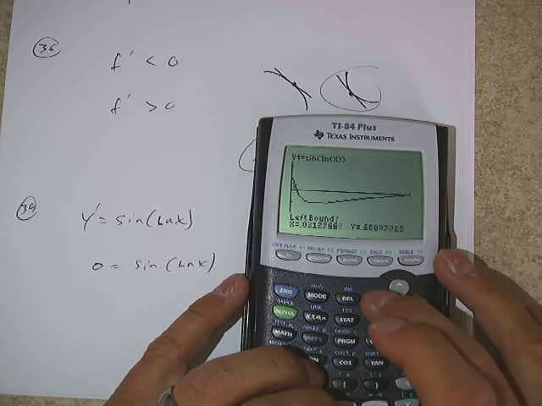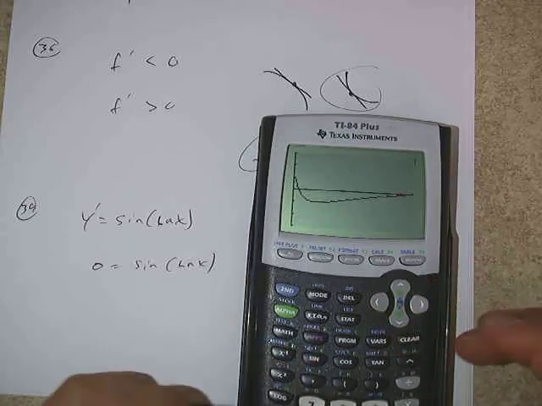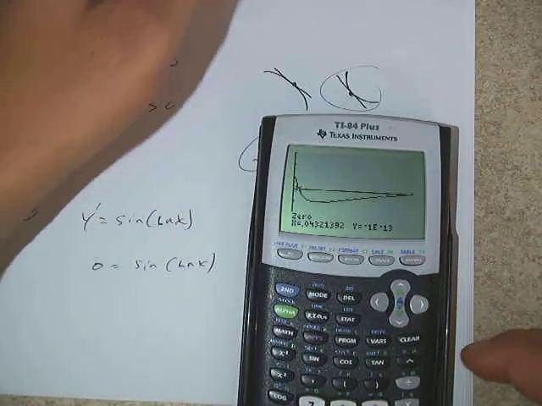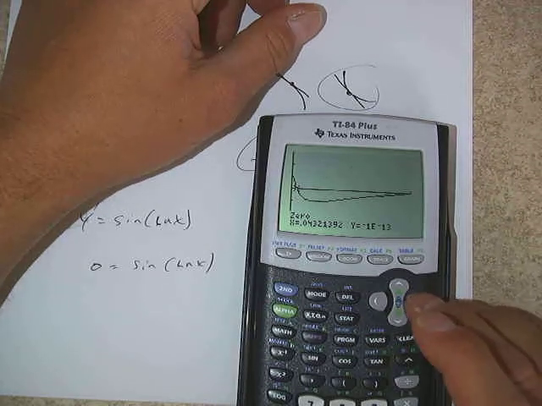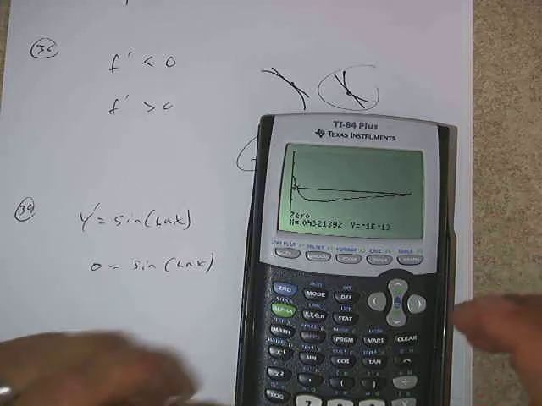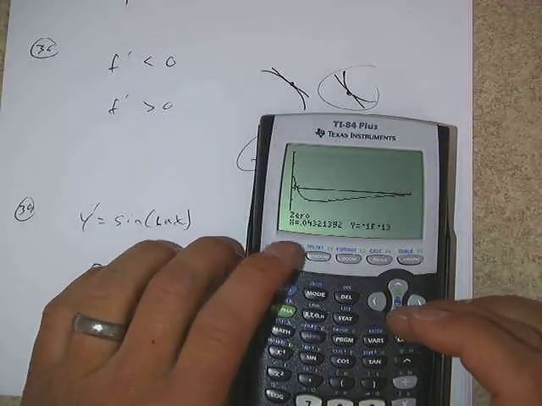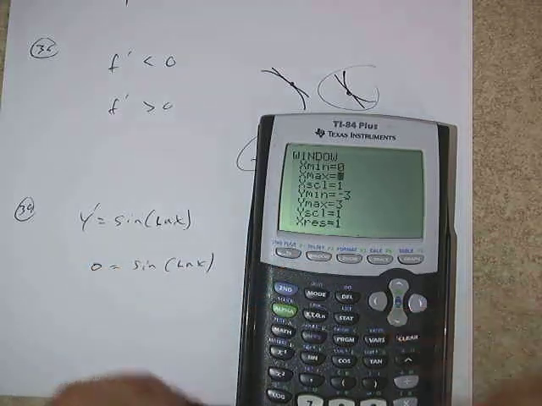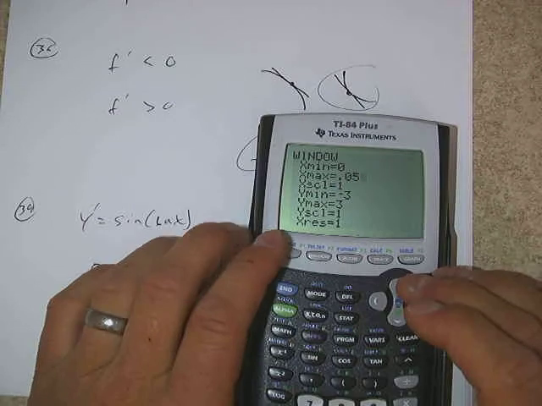So let's take a look again at our 0.01 window. Well, actually, let's keep it at that. If I do my 0 command, we do get that same 0 that we saw in that same window.